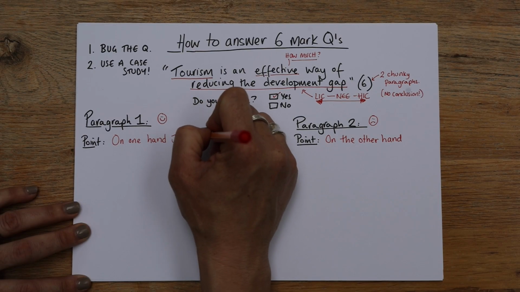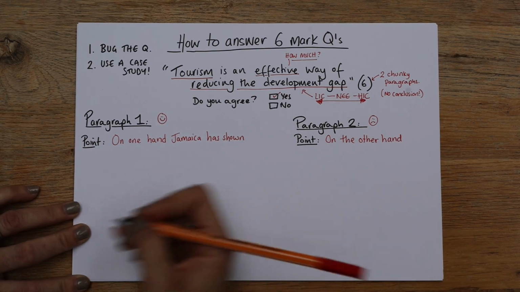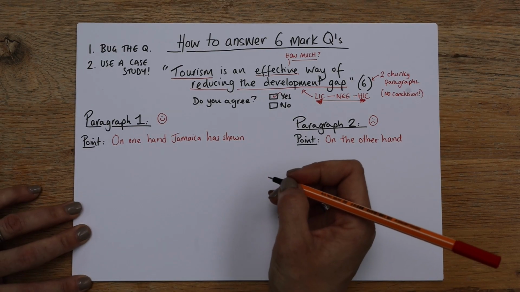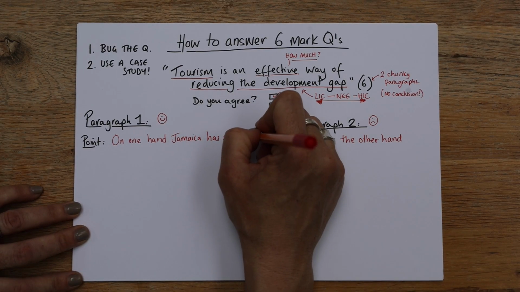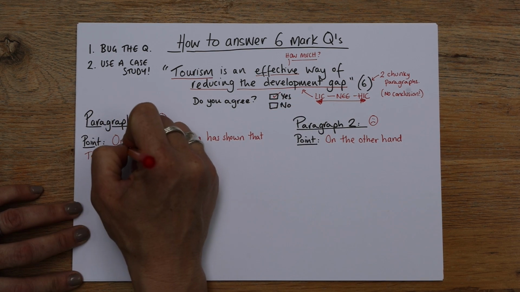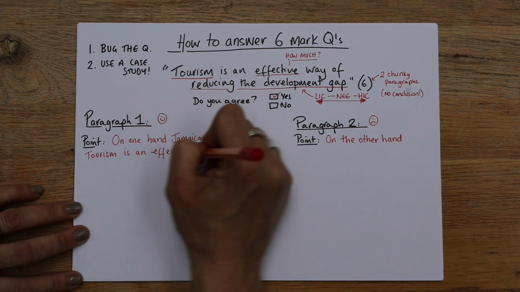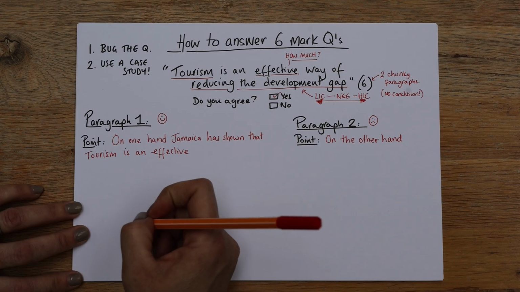Jamaica has shown, I'm going to write this fully for you, that tourism is an effective method. Look how I use the word effective, because it's one of our key buzzwords.